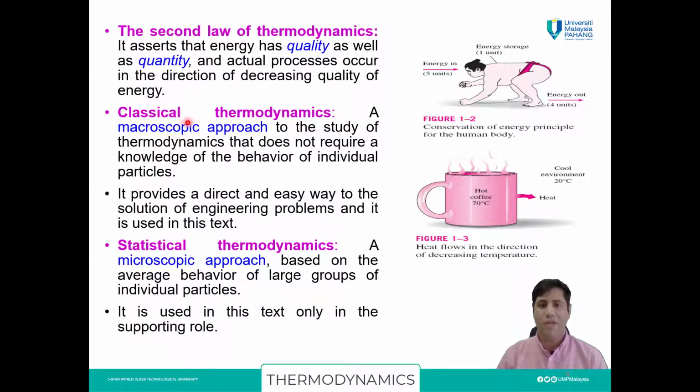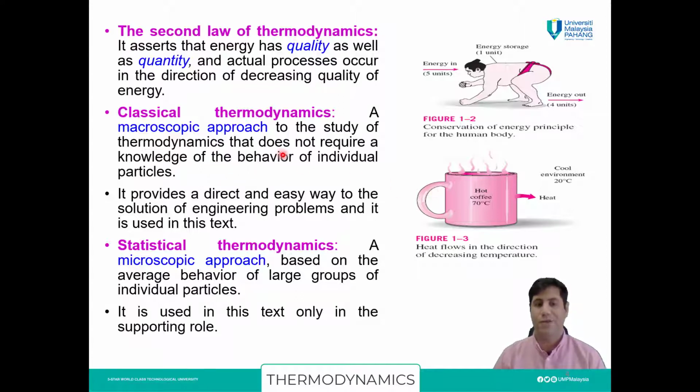And also we can consider problems related to thermodynamics with 2 different methods: classical thermodynamics and statistical thermodynamics. Classical thermodynamics is actually a macroscopic approach to the study of thermodynamics, and it does not require knowledge of the behavior of individual particles. So we just consider the thermodynamics problem from a macroscopic approach.